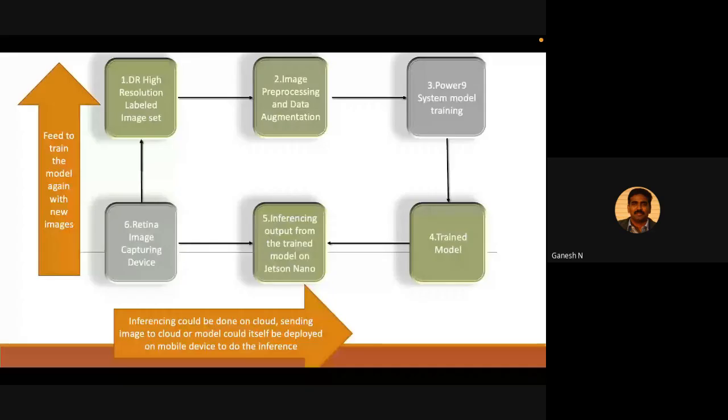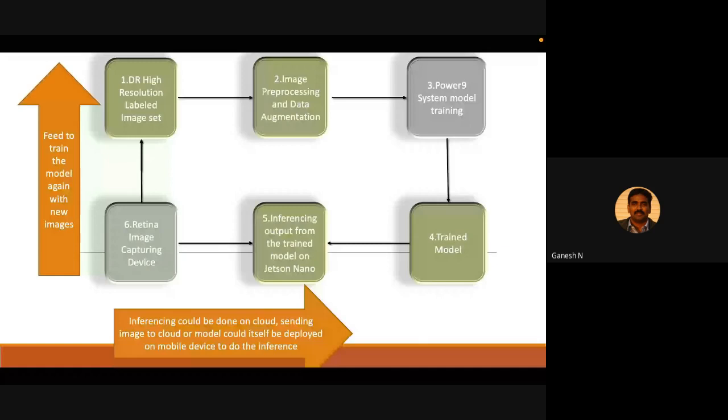And this is how the whole process is done for diabetic retinopathy using AI. It's a combination of artificial intelligence and IoT. Multiple images you will keep on getting from the image capturing device, and that's where the IoT with the camera comes in. Then the AI happens in number three, the Power 9 system model training, and number five, inferencing output.